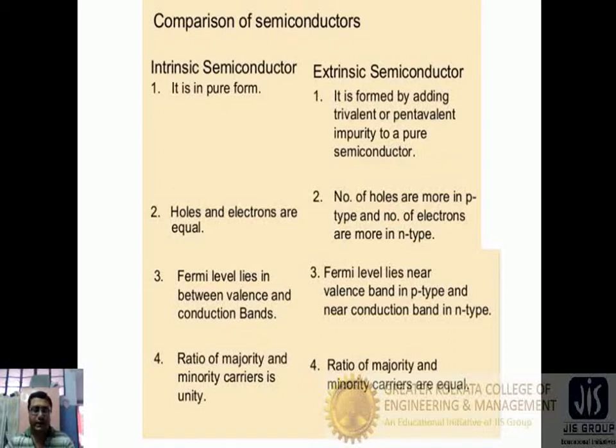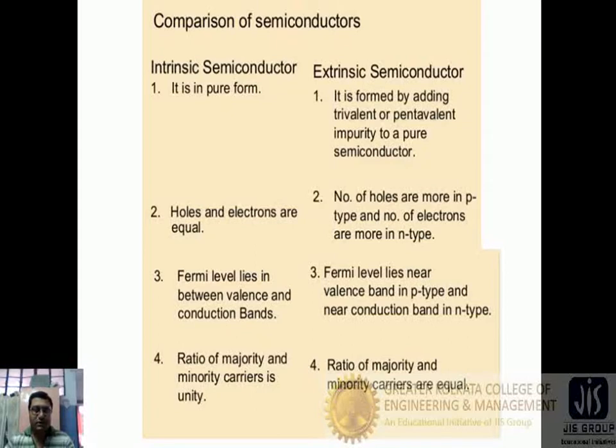in n-type. For intrinsic semiconductor, the Fermi level lies in between the valence band and conduction band, and in extrinsic semiconductor, the Fermi level lies near the valence band in case of p-type semiconductor and near the conduction band in case of n-type semiconductor.